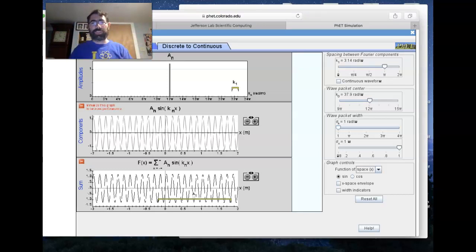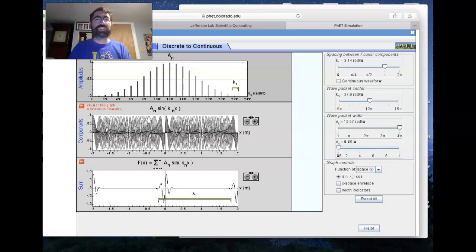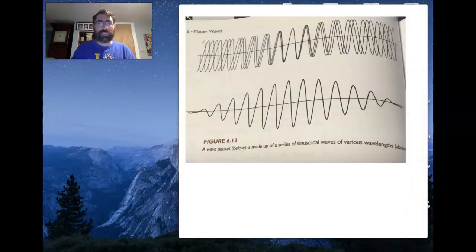If I restrict it to one wave, then I don't really know where the particle is. The particle's everywhere. It's spread out over the wave. Whereas if I constrain myself to knowing the specific position of the particle, I've now spread out the information of the waves.